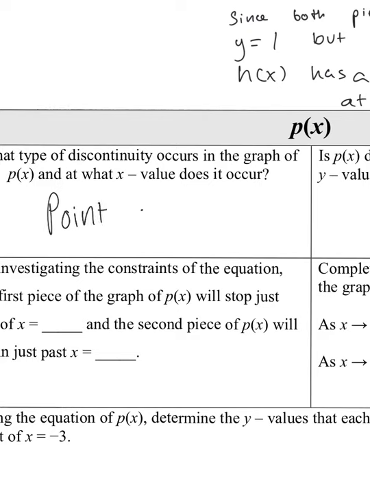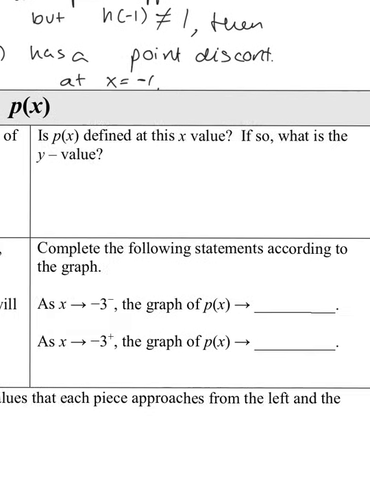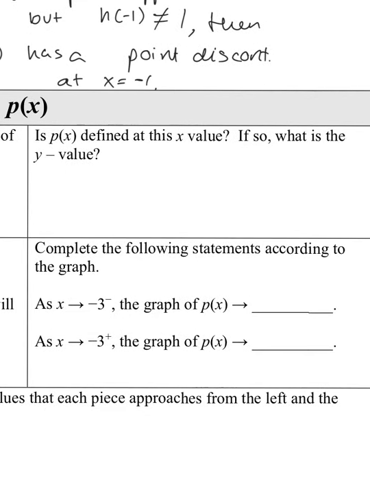And at what x value? Okay. And then what is our function when x is -3? -2. -2. You see that solid point? Okay.